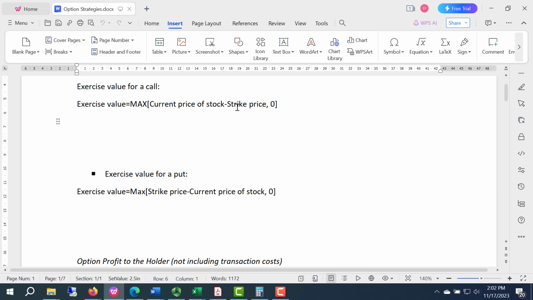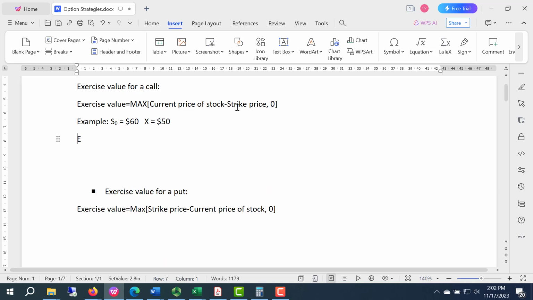So for our first example, we have a stock price today, or the stock price at time zero, equal to, let's say, $60, and the exercise price is equal to $50.